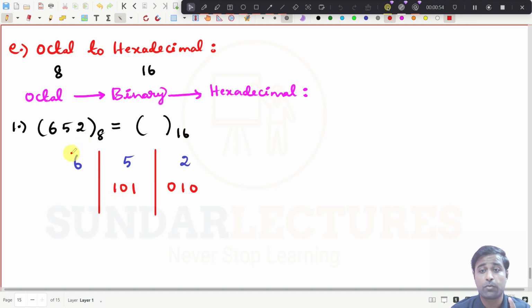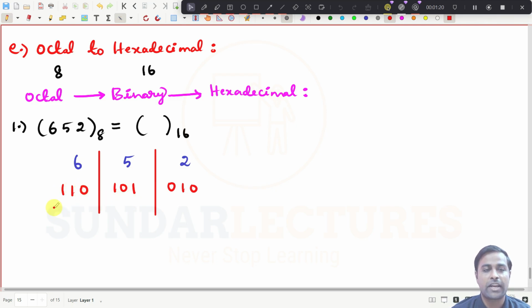You are converting to binary from octal. You have to be very careful. You are converting octal to binary, not binary to octal. So you have to write 3 digits only, because this is an octal number and you are converting that into binary. Be very careful here. So what is this one now? If this is 101, then it will be what?